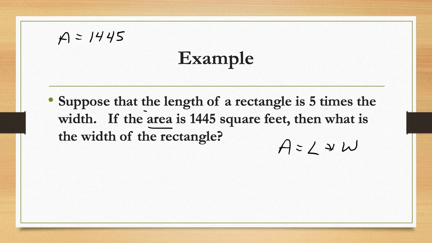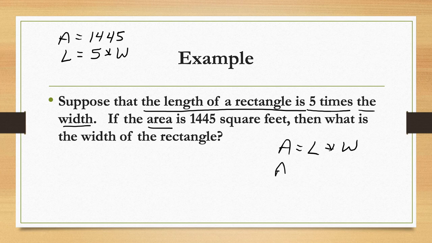We also know that the length of the rectangle is, so that's L is equal to 5 times the width. So now we have an expression for L. So let's go ahead and plug in.